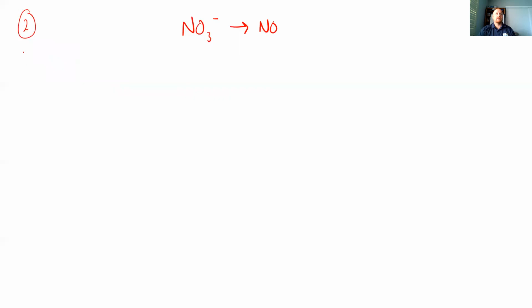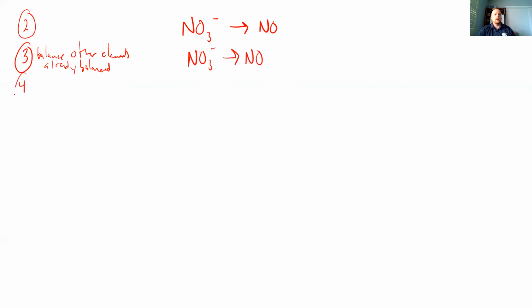So the first part after splitting them up is to balance other elements. And we have already balanced. Okay, so it's still NO3 minus reacting to form NO.